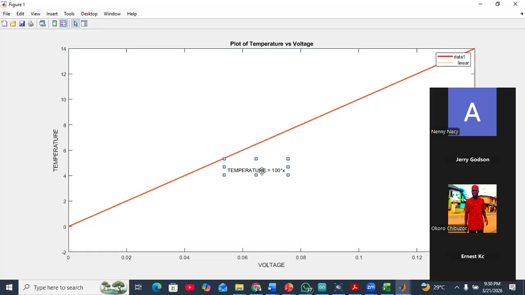Whatever value of x we got is the voltage reading. Temperature is equal to 100 times voltage. That's what it actually means. Whatever voltage value we get from the microcontroller ABC, to get the temperature equivalent, we multiply it by 100, and that's it.